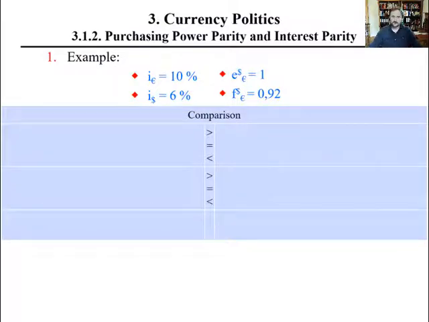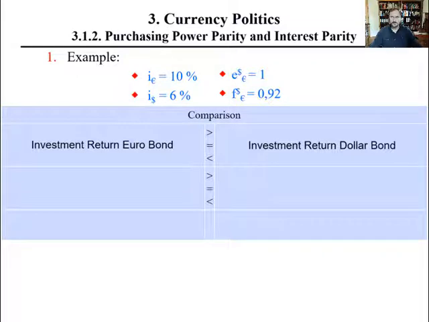To find out whether an investment in a euro bond or an investment in a dollar bond is more profitable, we have to calculate the revenue of these investments in the same currency. For an investment in a euro bond, this is quite simple.